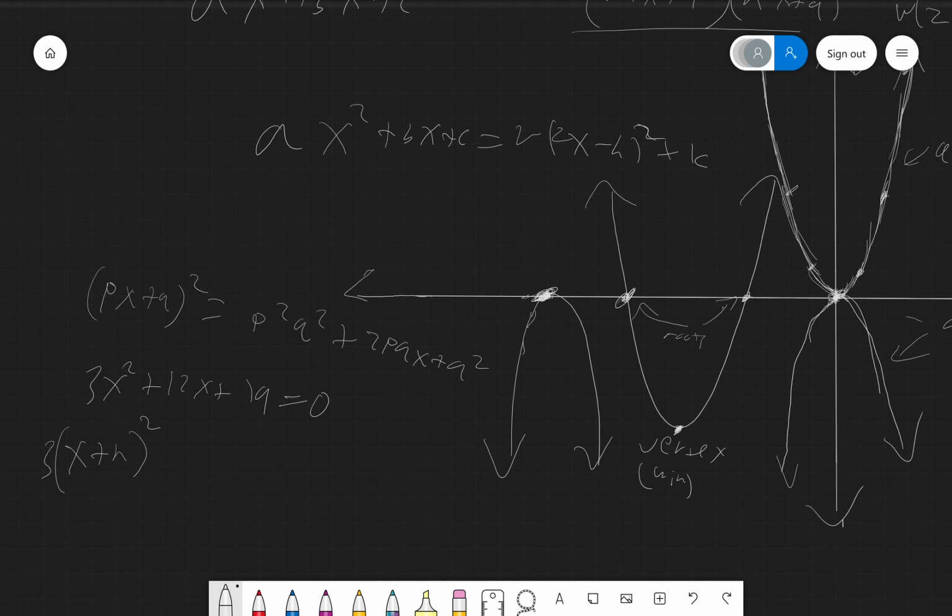I mean, the first one has to be 3, right? Otherwise we have a square root of 3 here. I don't want a square root of 3, so I'm going to keep the 3 outside, so it's okay. So 3 times x plus n whole squared, and plus the rest. But actually use h here.